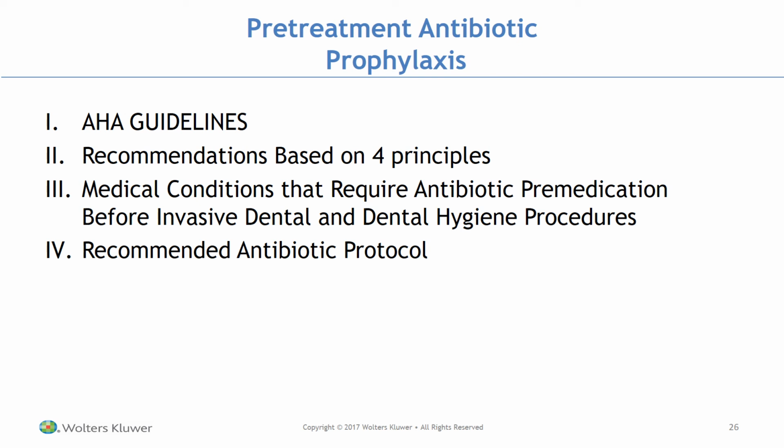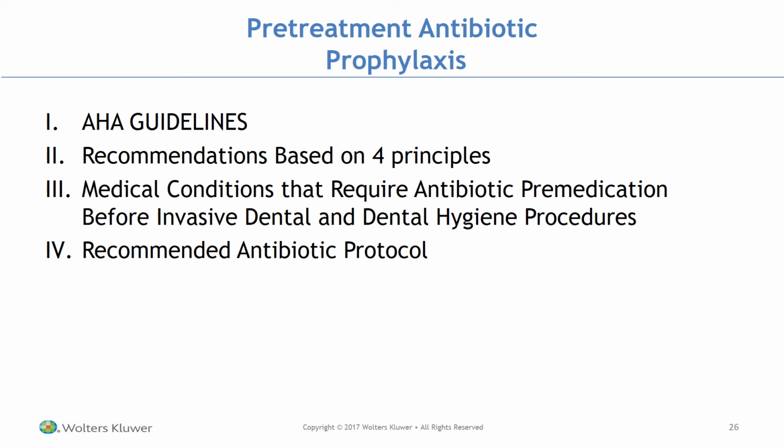Okay, other factors that limit conducting controlled research include low incidence of infective endocarditis, along with a variety of cardiac diseases, a variety of dental procedures. So to narrow it down to what procedures and what cardiac disease, it's just been impossible. There's just too much research that would need to be done.